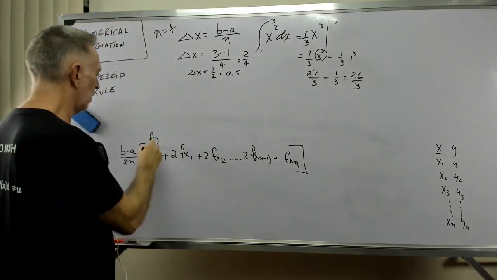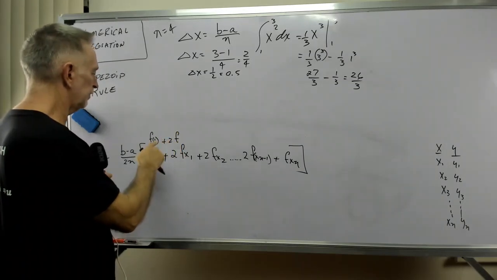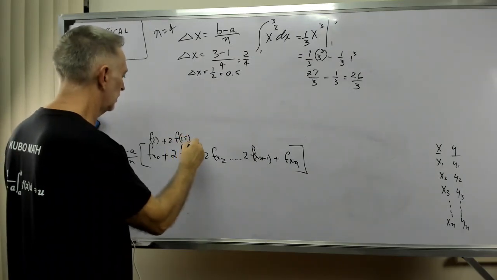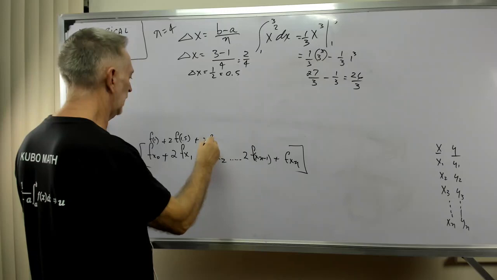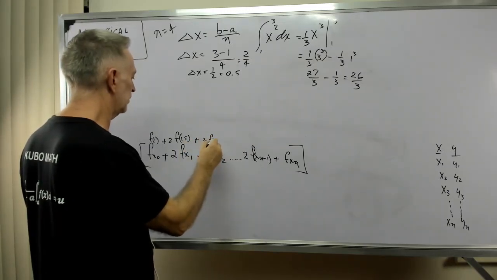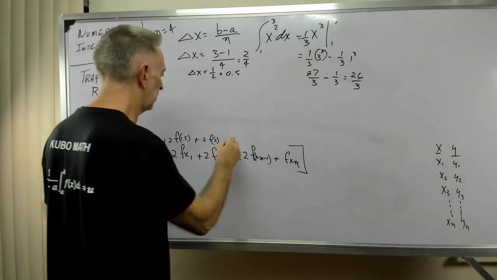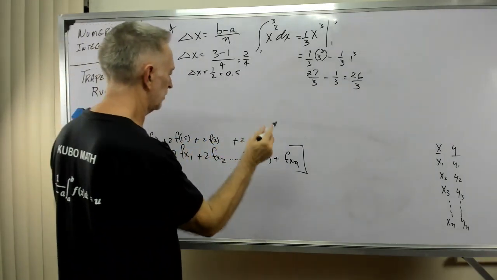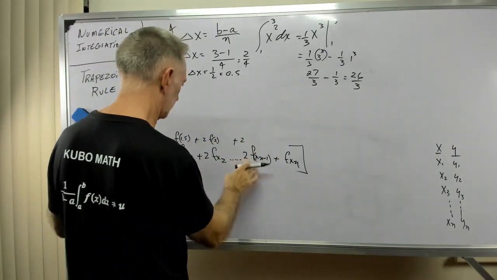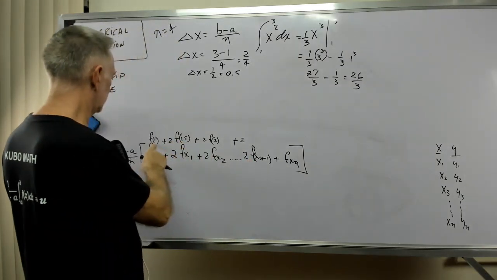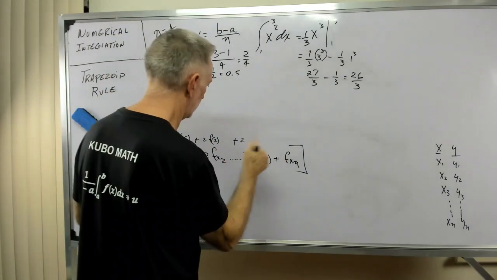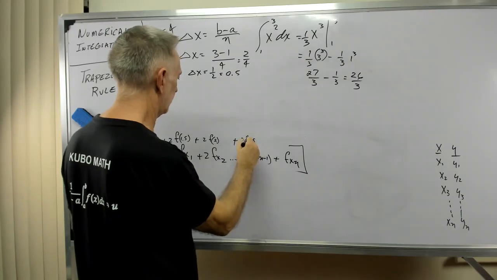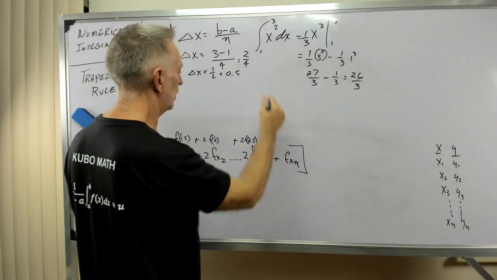So I've got an f of 1 plus 2 times f of 1 plus delta x, so 1.5, plus 2 times f of 1.5 plus 0.5, which is f of 2, plus 2 times f of 2.5, plus f of 3.